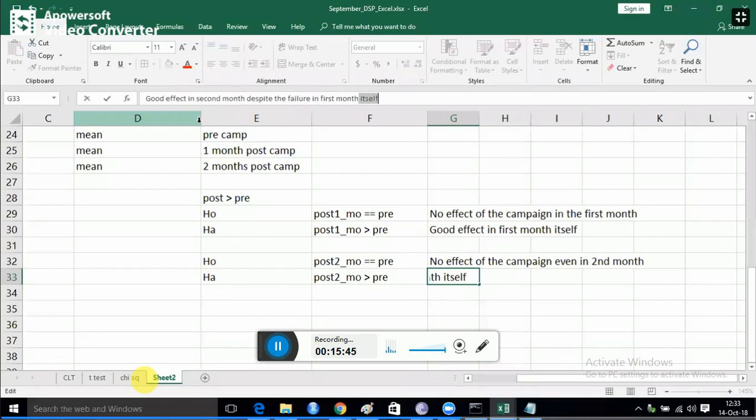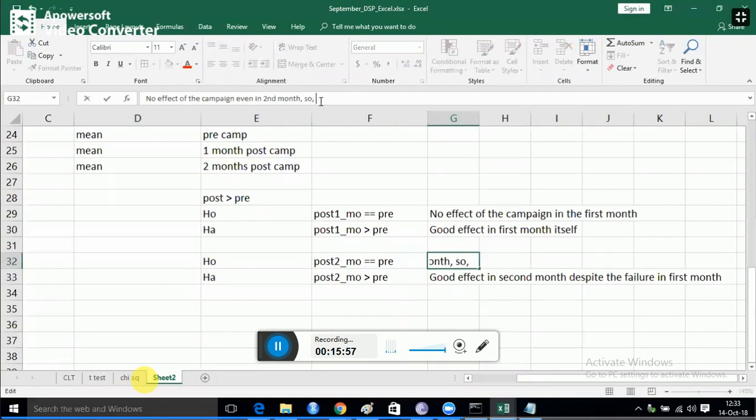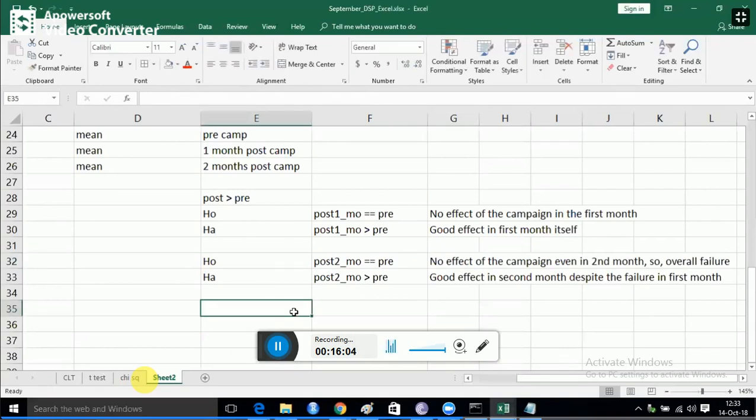This is what I will conclude if this has to be my alternative hypothesis. And here, no effect of the campaign even in the second month. So overall the campaign failed. That I'll write down here. So overall failure. Agreed, everyone? That's an overall failure, right?